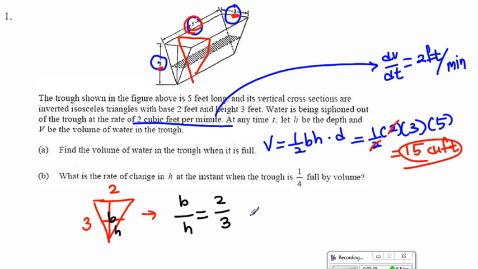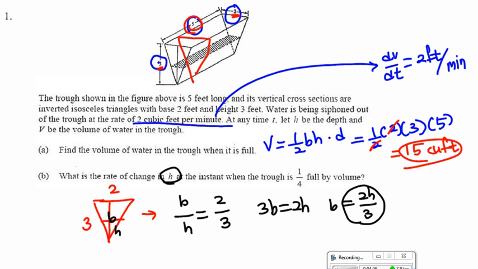Now, in other words, we get to realize that 3b is equal to 2h. So using this, we are trying to look at the change in h. That means b should be converted into h. So b will be, in this case, 2h/3.